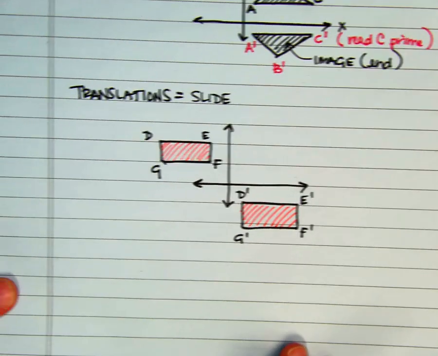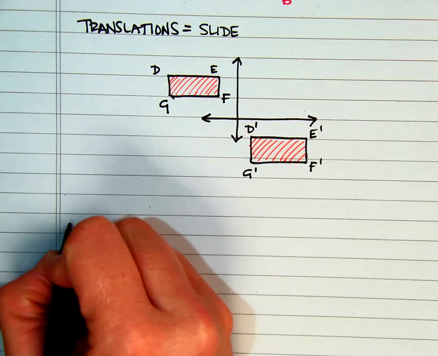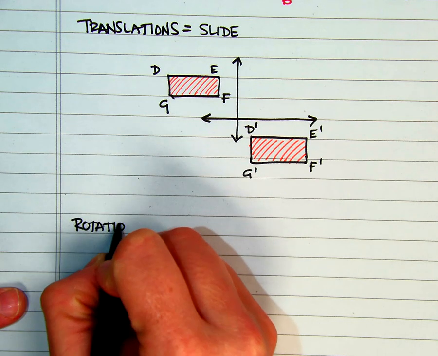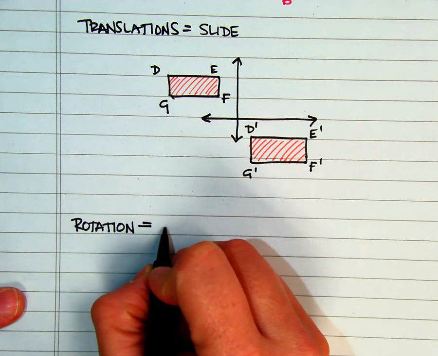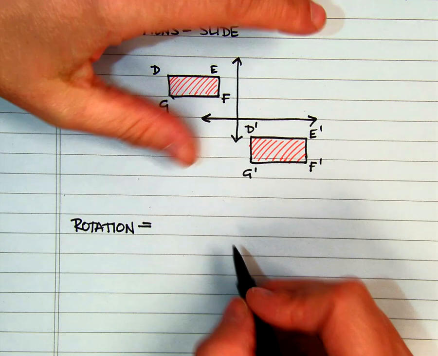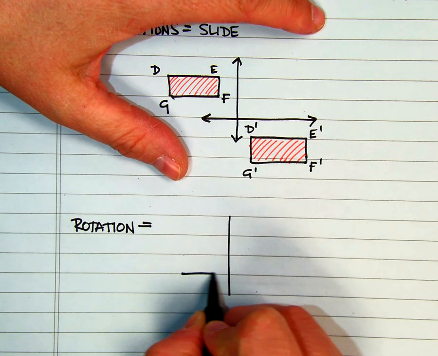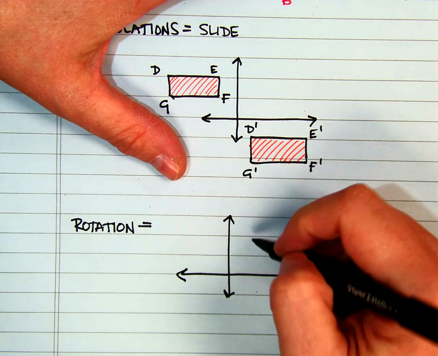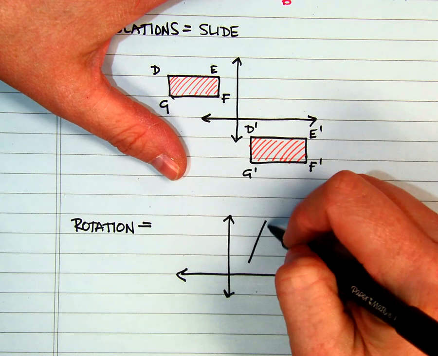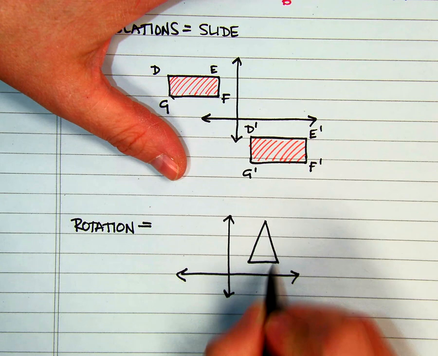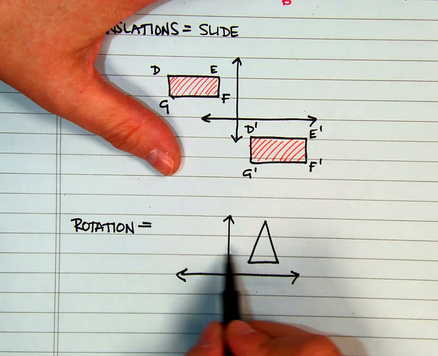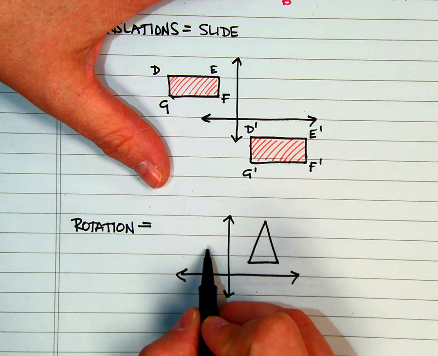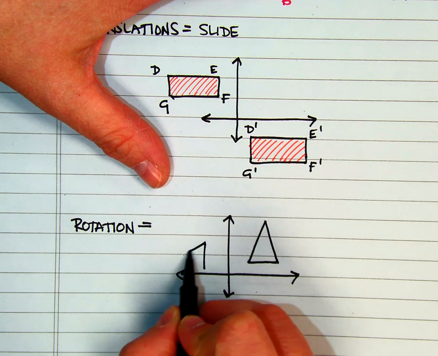Okay. Next we have what is called a rotation. And that is truly just a rotation, so think of it as a turn. So if I have a triangle here and I am going to rotate it 90 degrees, then I would have a triangle approximately here.